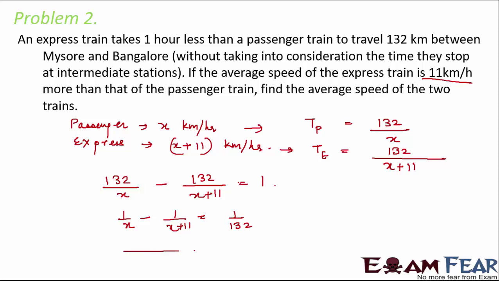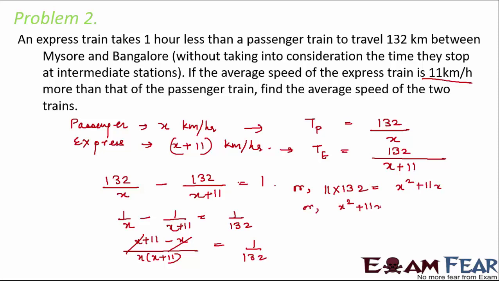So this would be equal to x into x plus 11. So this is x plus 11 minus x is equal to 1 by 132. So plus minus x will get cancelled. So this would be equal to 11 into 132 is equal to x square plus 11x, or x square plus 11x minus 1452, that is 11 into 132. This is equal to 0.